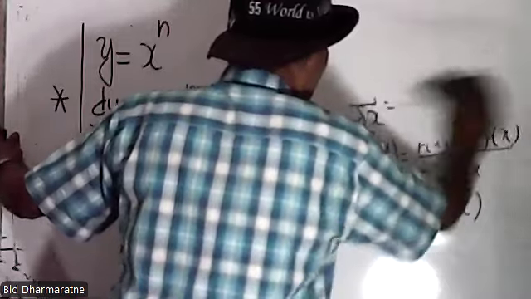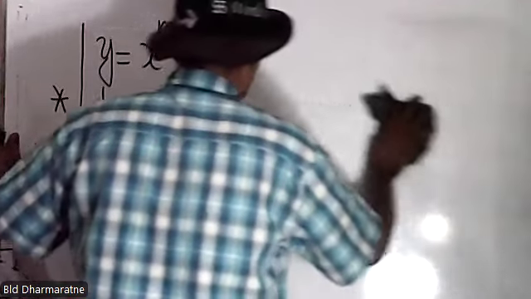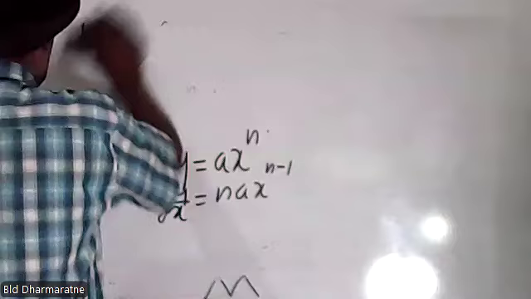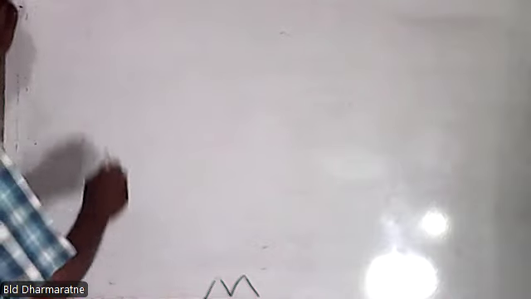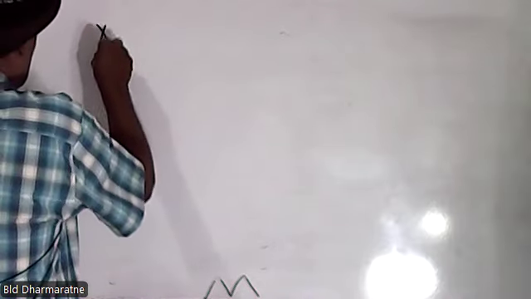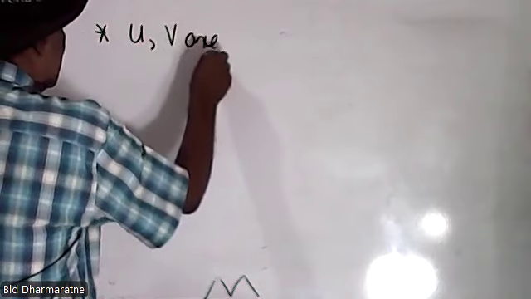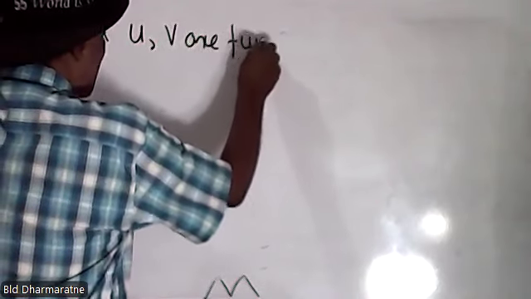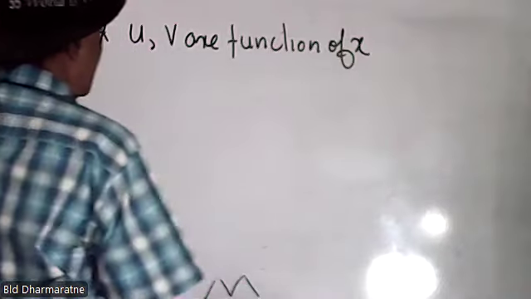Any function is made by some addition, subtraction, multiplication or quotient, that is, division. The first theorem is this one. u and v are functions of x.